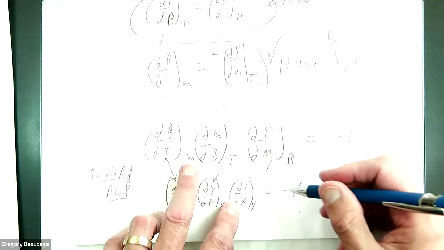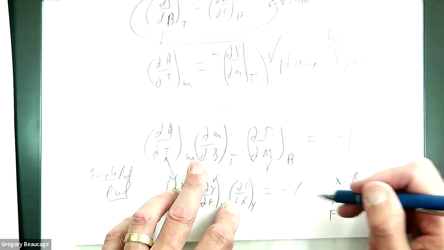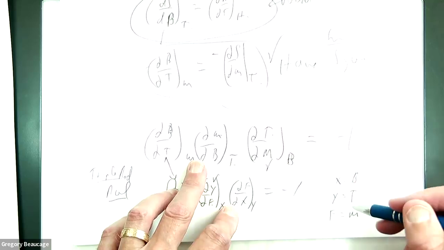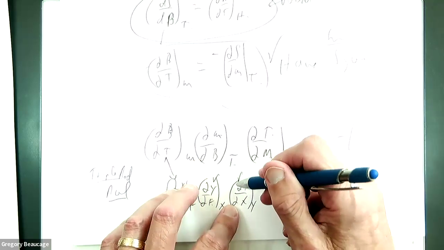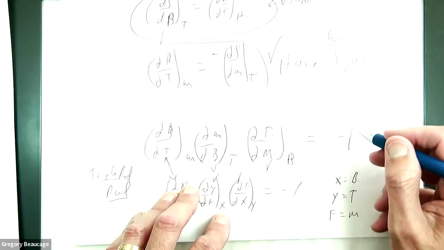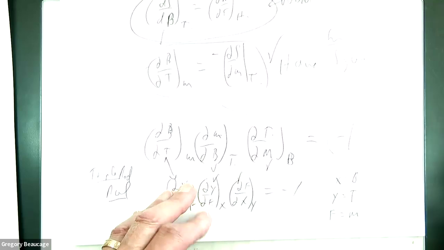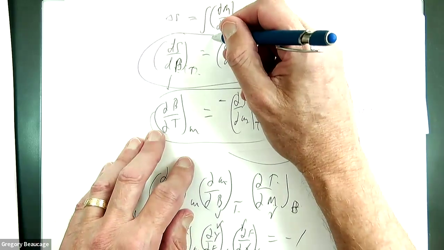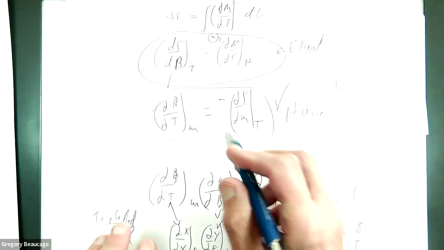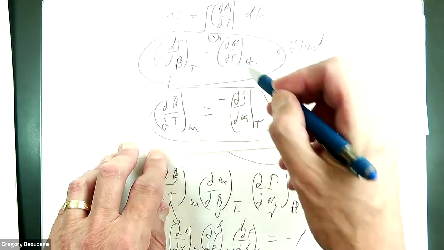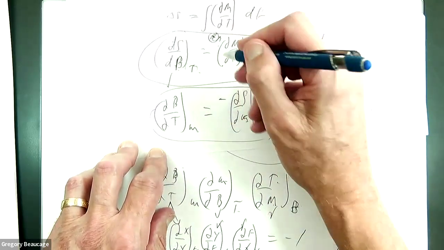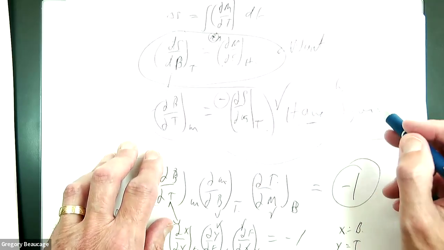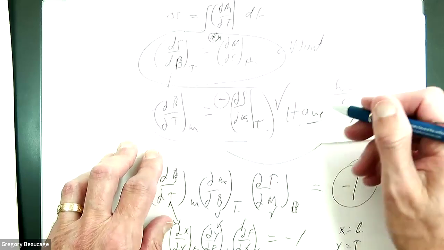And then f is m, and x is b, so that's dx/db, and t is y. So that one is that one. So I have all those three, but I have a -1 here. So I have this equation, except I have kind of a negative that's missing. This thing is the same as that thing, except for a negative, but the negative is here, from when I did the thermodynamic square thing. So it all works out.